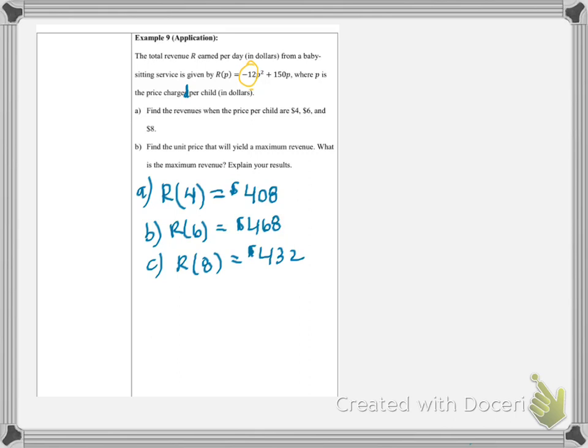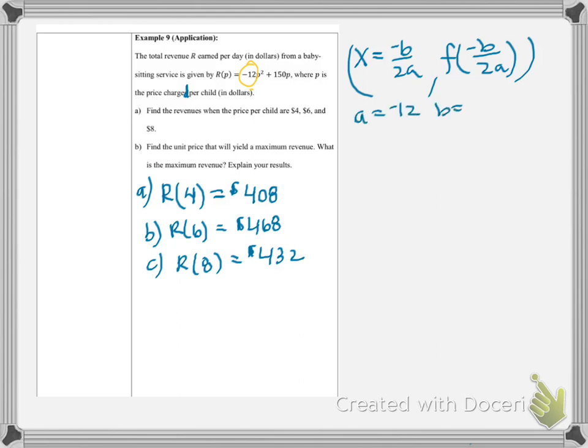So remember that. That means we can use x equals negative b over 2a and then f of negative b over 2a to find our vertex, and then that'll give us the information that we're looking for in part B. Okay, so a is negative 12, b is 150, and we don't need c, but c would be 0, right?